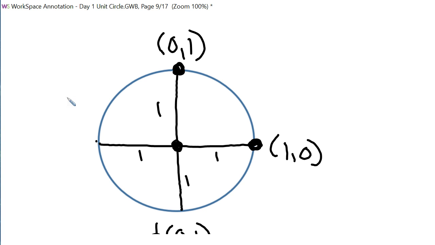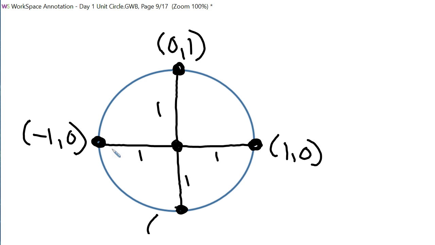This point on the left would be negative 1, 0. And this point at the bottom, let me erase all this. Let me use a bigger eraser. What would that point at the bottom be? 0, negative 1. Now those ordered pairs are actually the cosine, sine ordered pairs.